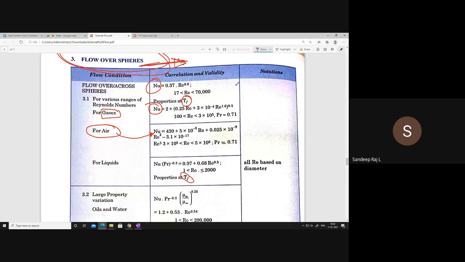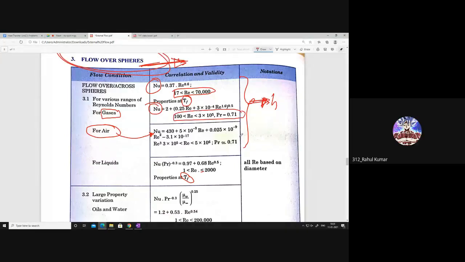Using these three, you can find out the H value, and you can choose whichever one suits the actual case, if you are going for real-time modeling. But as far as an exam is concerned, you can choose any one among these three and solve it. Make sure that the Reynolds number is falling in its range, and the Prandtl number will be given sometimes.